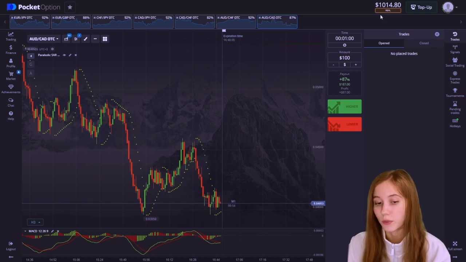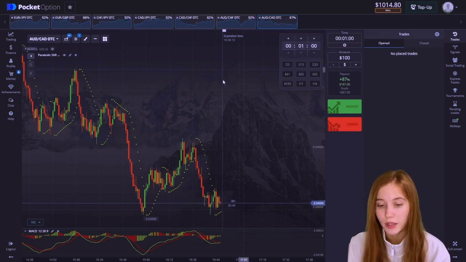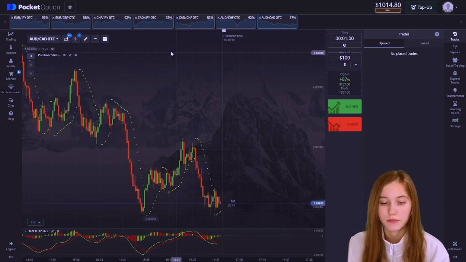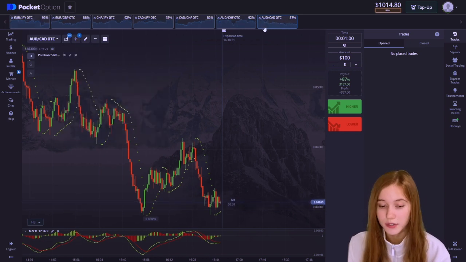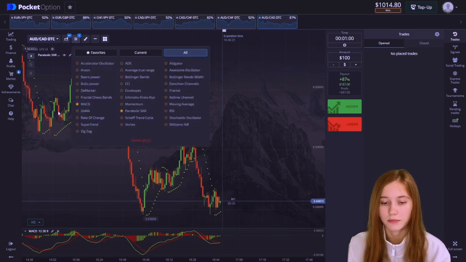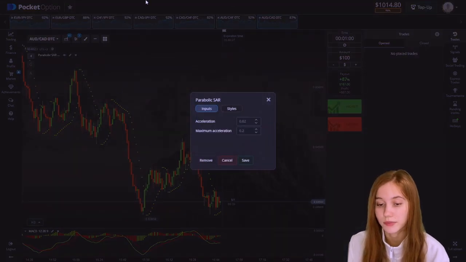Now it's more than $1,000. It's very good. So about settings: 1 minute time frame, we used concept bars, you can see it, 2 indicators and our technical analysis. You can copy it and use it in your trading.